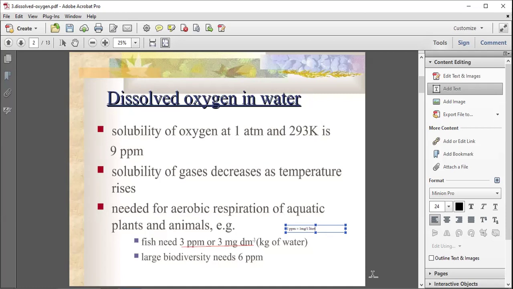Normally 1 liter is equal to 1 kilogram. So 1 liter is 1000 milliliter.